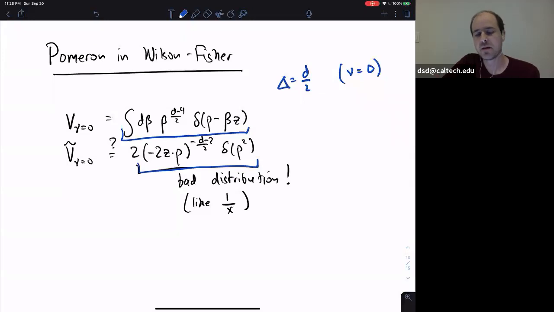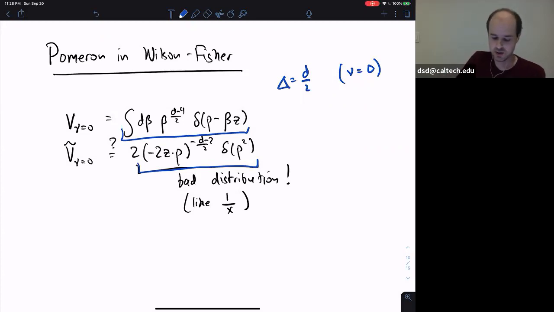Correlation functions in Lorentzian quantum field theory have to be distributions, which means that they have to be well-defined when integrated against certain classes of test functions. In this case, we should have something that is a distribution in both Z and P. And it turns out that the thing we get is not a good distribution.